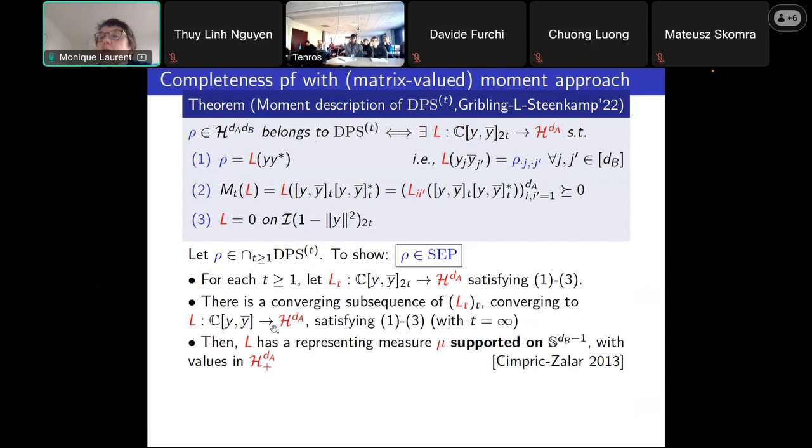If you have an L which is positive and vanishes on the ideal of a variety, then L has a representing measure supported on the variety, which is here the sphere of size d_B. And L takes its values in Hermitian positive semidefinite matrices. So this is a matrix analogue of Putinar, on the moment side.